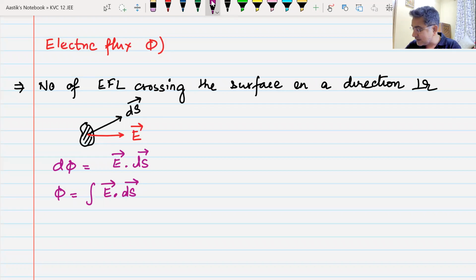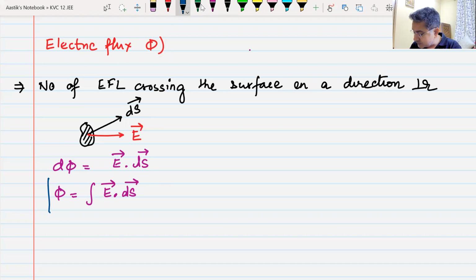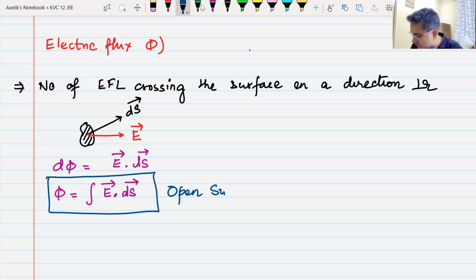Now, as I said, the surface we are dealing with may be of two types. When I write it like this, it actually refers to the flux through an open surface.